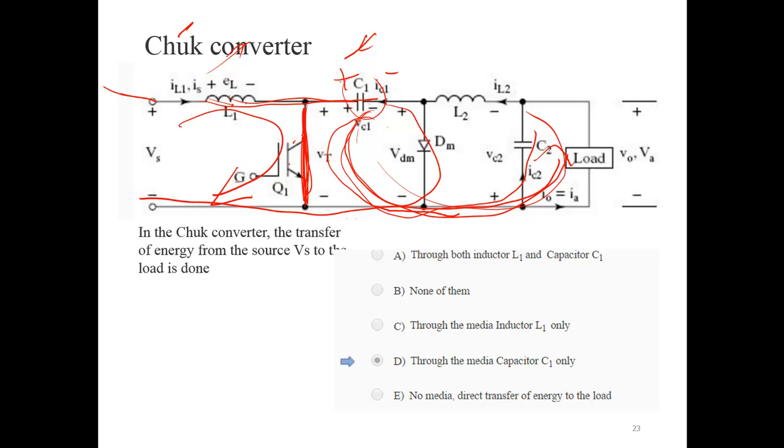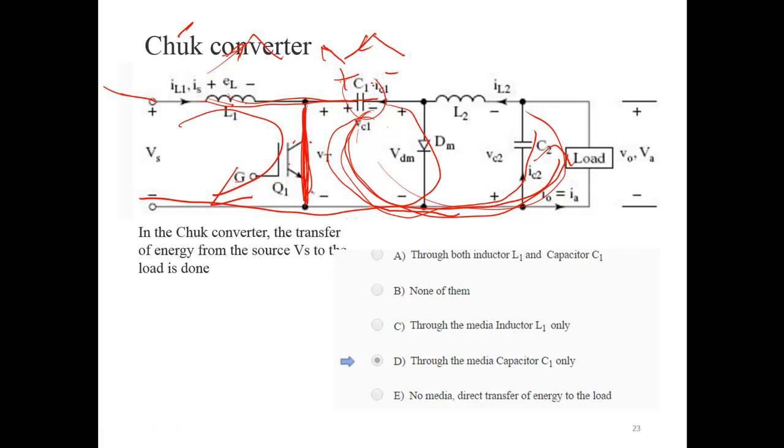Then next time you turn off the switch, the inductor current will fall, and the capacitor voltage will now be rising. It was falling, then it will be rising. When you turn off the switch, this C1 gets energy from the inductor.